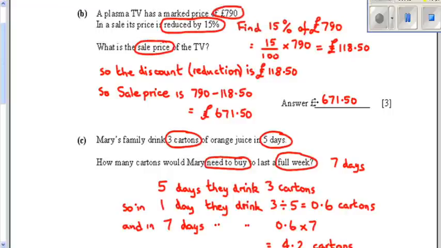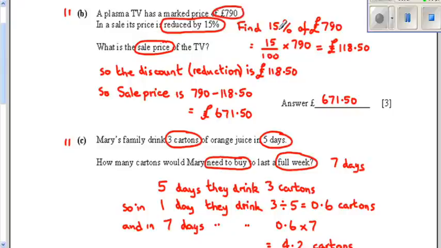Okay, so here's 11b. So again, highlight or circle the key numbers and words in the question. The price of the TV is $790, but it's reduced by 15%, and they want to know the sale price.